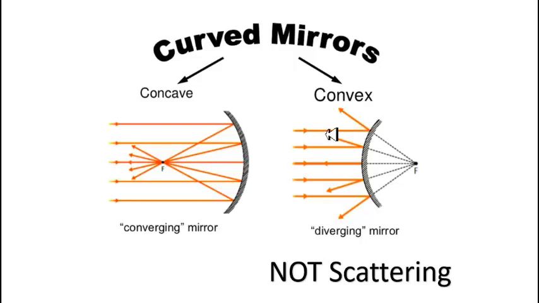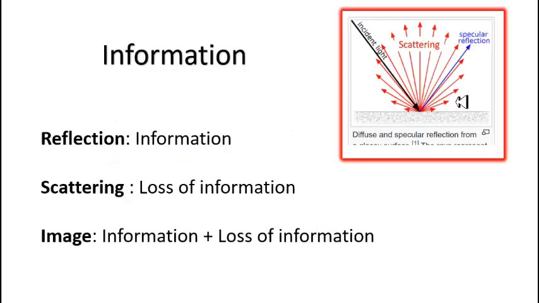There is very little deviation. Let's just say not zero, but very little deviation from predicted path. And so the light that reflects in different directions, like in this one, the convex mirror, this is not scattering. Just because the arrows go in many directions doesn't mean it's scattering.